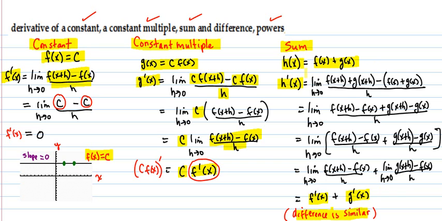H prime of x is therefore the limit of f of x plus h plus g of x plus h, and then minus f of x plus g of x. And you can see that all we do is move some things around, and we're going to end up with the f function set up and the g. Then we're going to divide the h into both quantities. We're going to get the difference quotients of both.